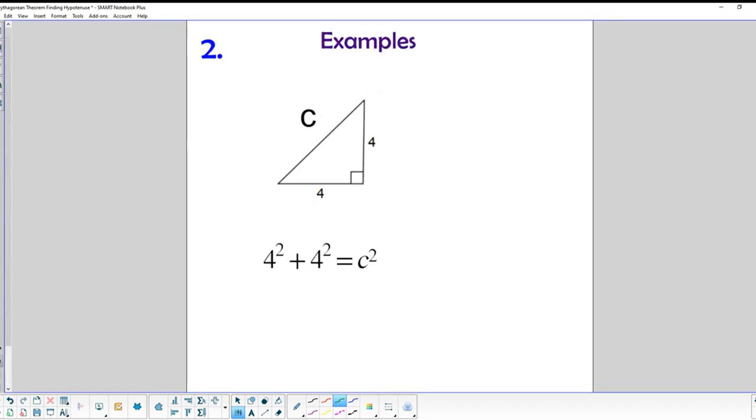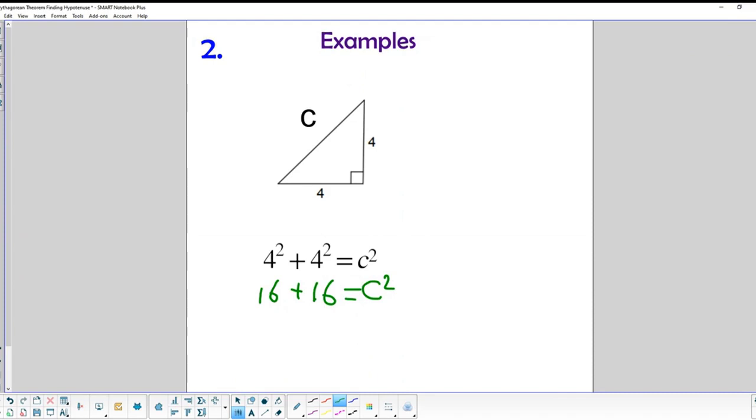How about this one? We've got C, or the hypotenuse, and we've got A and B already labeled here. So what's 4 times 4? Well, that's 16. 4 times 4 is also 16. And both of those added together are going to equal the hypotenuse, or C squared.